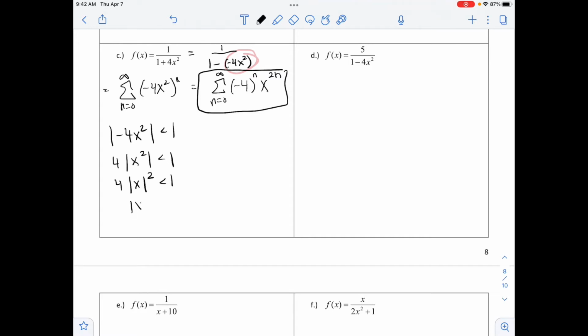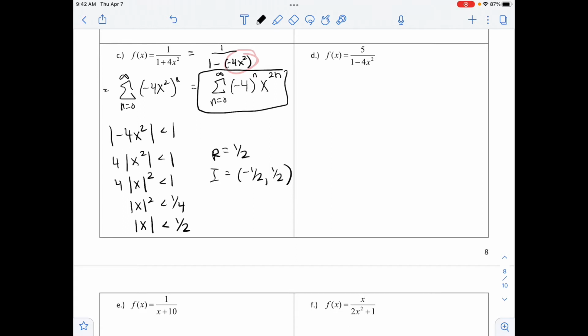Or we would say the absolute value of x squared is less than 1/4, or the absolute value of x is less than, taking the square root on both sides, plus and minus, with the inequality, is going to be that it is less than 1/2. And so our radius of convergence is going to be equal to 1/2, and our interval of convergence is going to be from negative 1/2 to positive 1/2.